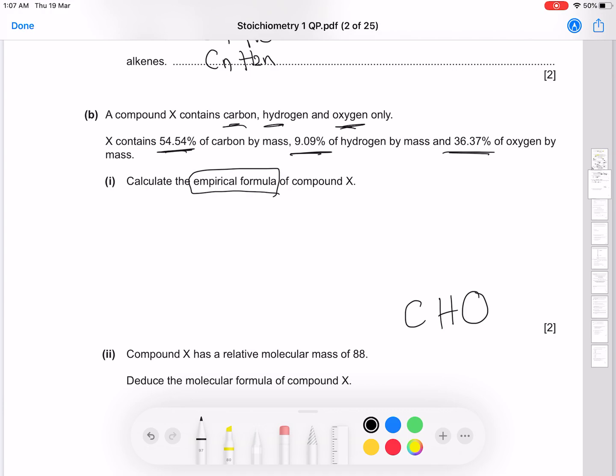How can I find that? Just 2 steps. The first step, I'm going to divide every percentage mass here by the Ar, which is the atomic mass of each element. So for the carbon, the atomic mass is 12.